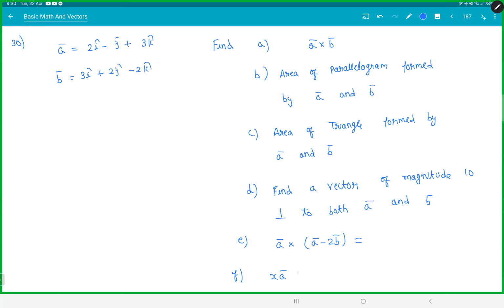Find XA bar plus YB bar dot A cross B bar. X and Y are constants. There, 6 questions, get them all. It looks like a big one, but once you got the first part, everything will come back to back. These are all the models you can ask. Yeah, there are a few more, but these are the main models that they can ask in vector cross product. The main thing is knowing how to solve the 3 into 3 determinant.